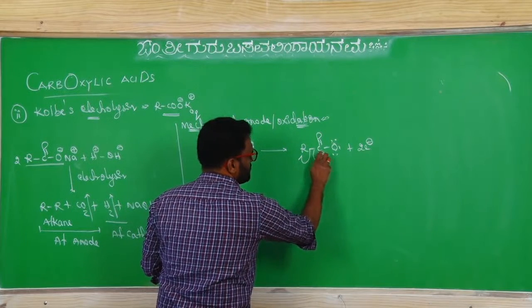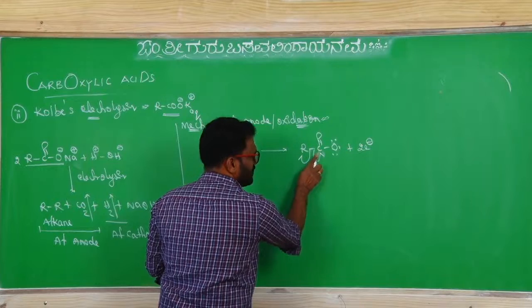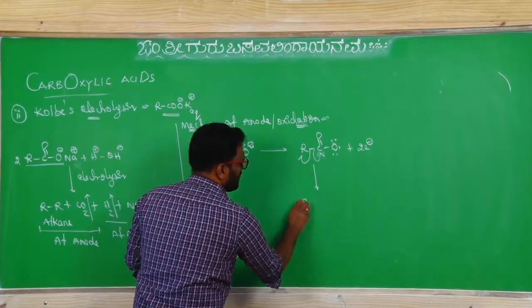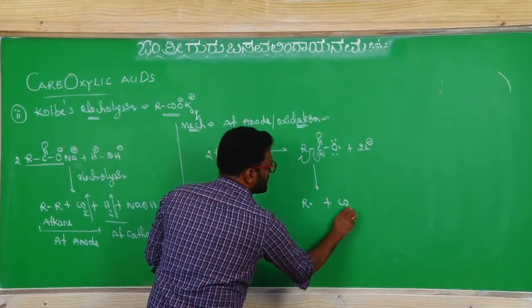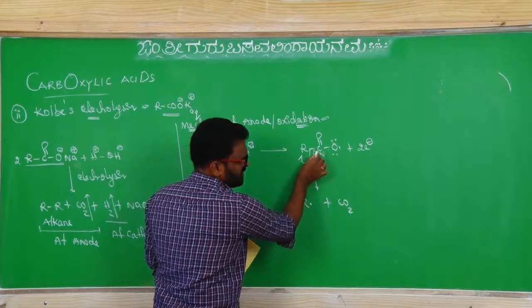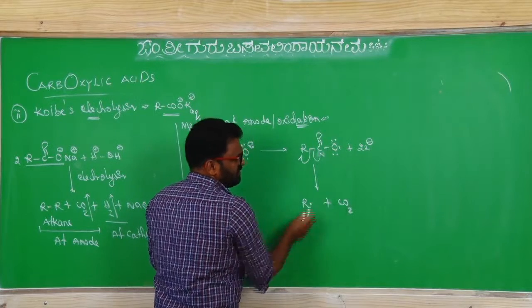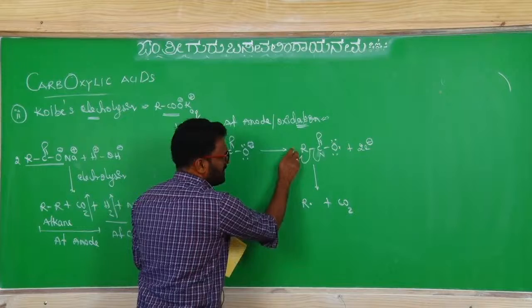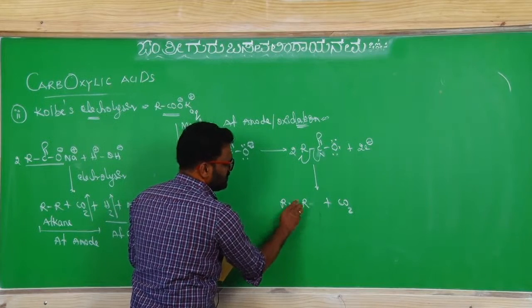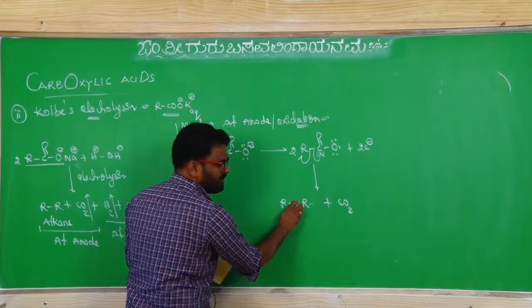Homolytic cleavage means half arrow, fish hook arrow. The result is an R radical plus carbon dioxide released. The odd electron combines with the odd electron of carbon, giving the carbon dioxide double bond. Then you have the R radical. Here 2 moles means 2 R radicals, and these 2 R radicals will combine to form an alkane.